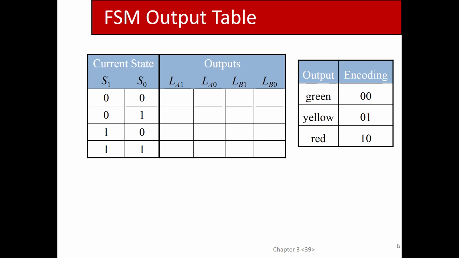And down here, I've got LA is red, which is 1, 0. And LB is green, which is 0, 0. And over here, I've got LA is still red, which is 1, 0, and LB is yellow, which is 0, 1. Make sense?